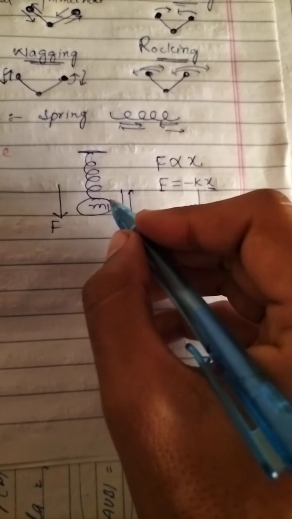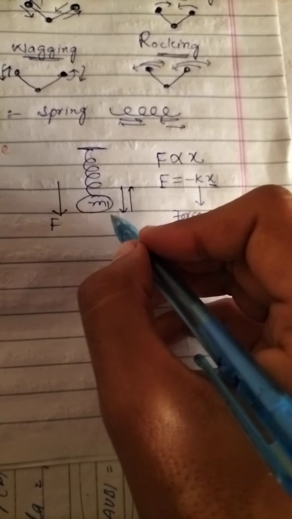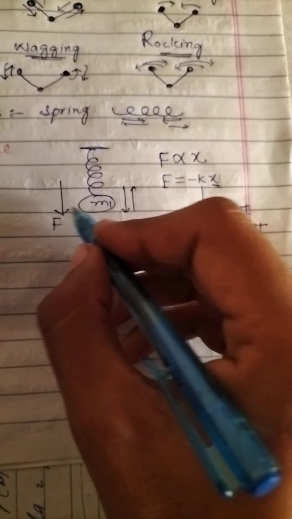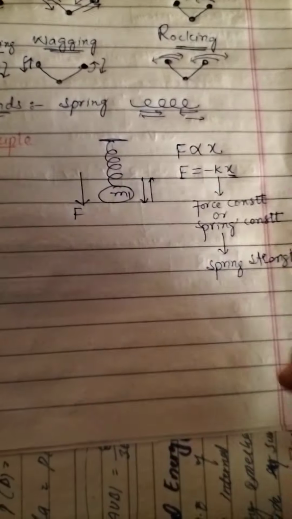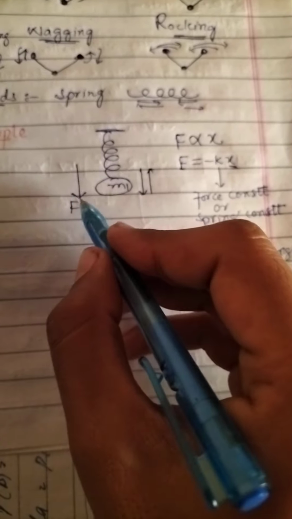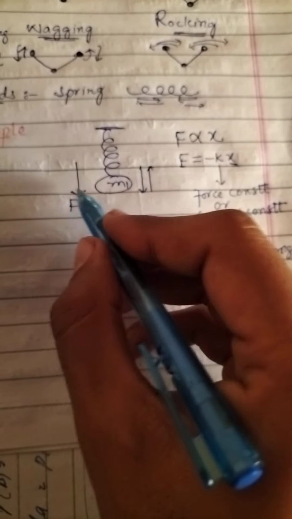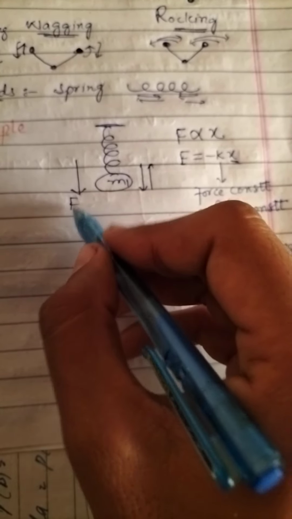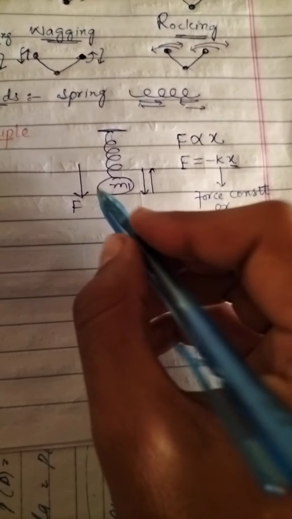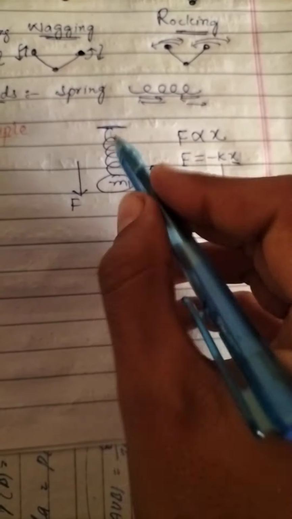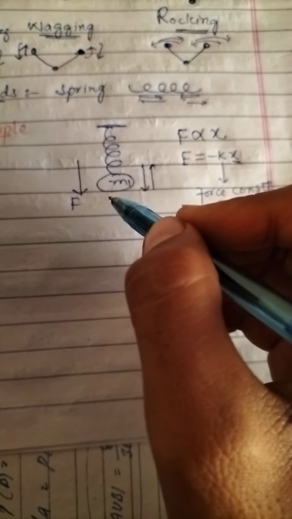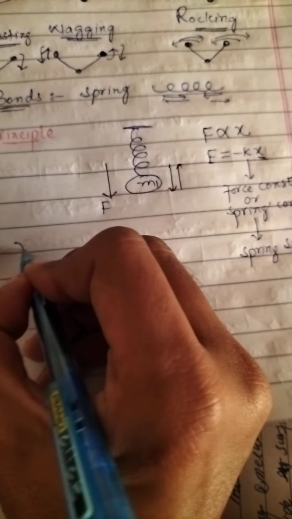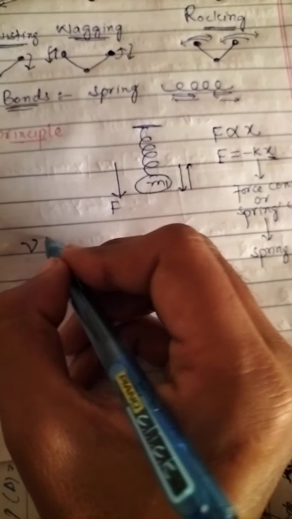The displacement which is given by the force when we apply it downward is regarding the stretching, but the number of stretchings that happen in 1 second, or in unit time, is calculated as the frequency.